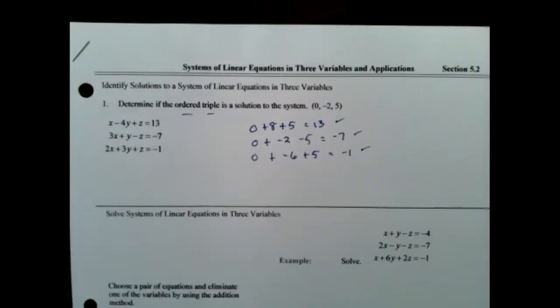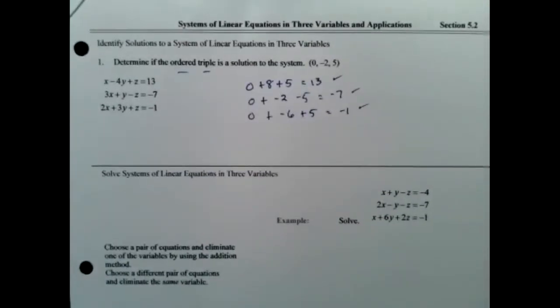And yes, that is the ordered triple that makes all 3 of those statements true. And there it is. So this will make you better at solving those bad boys on the internet, which were big about a year or 2 ago.